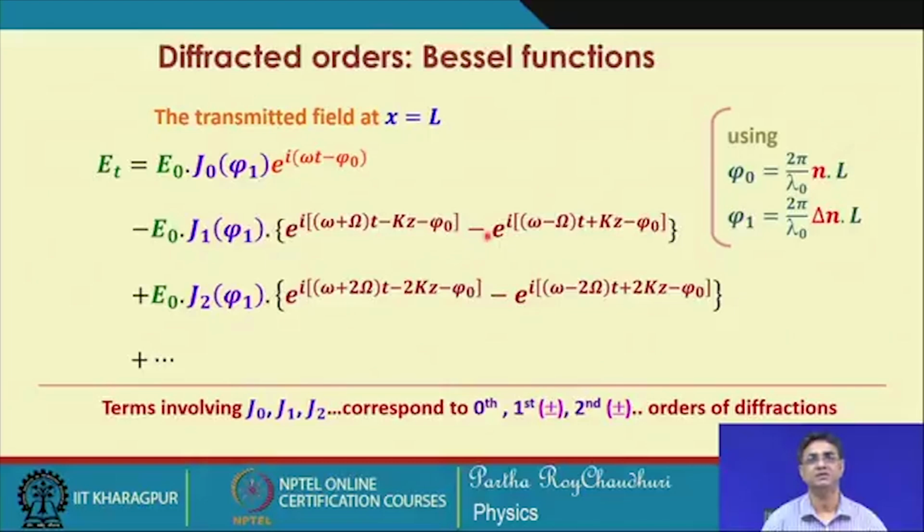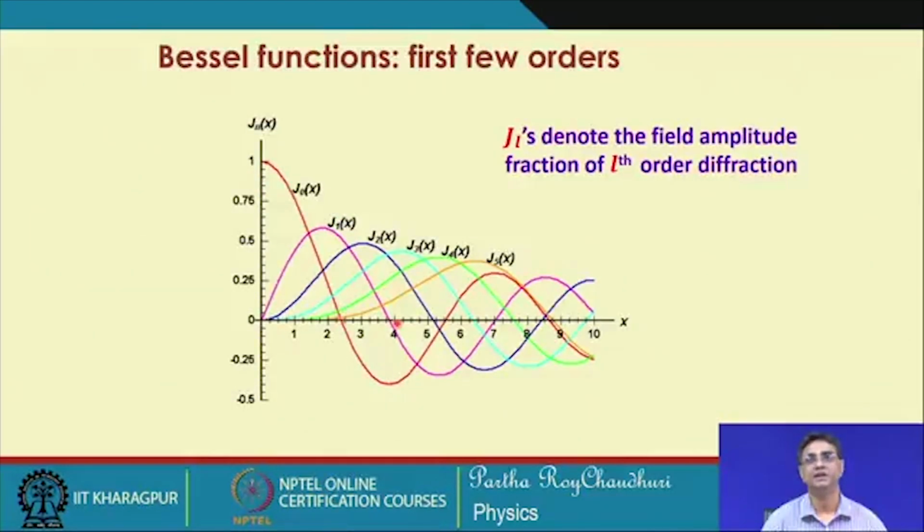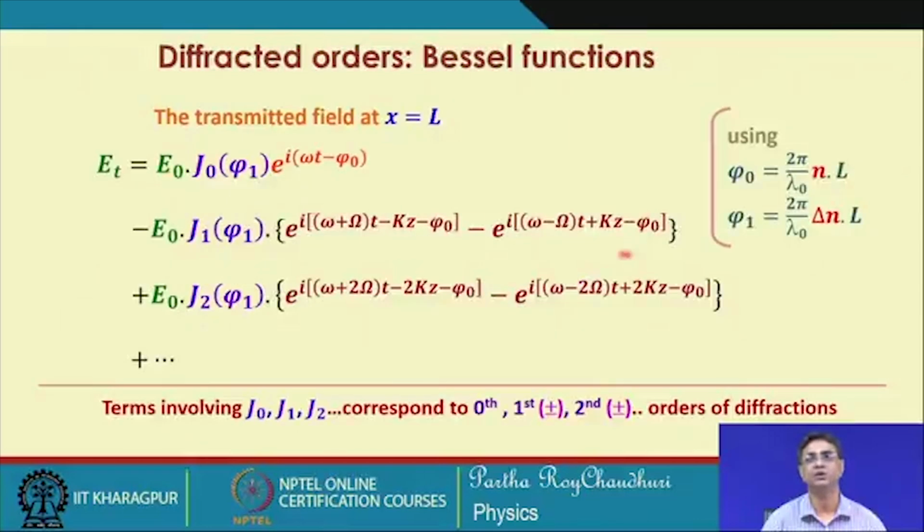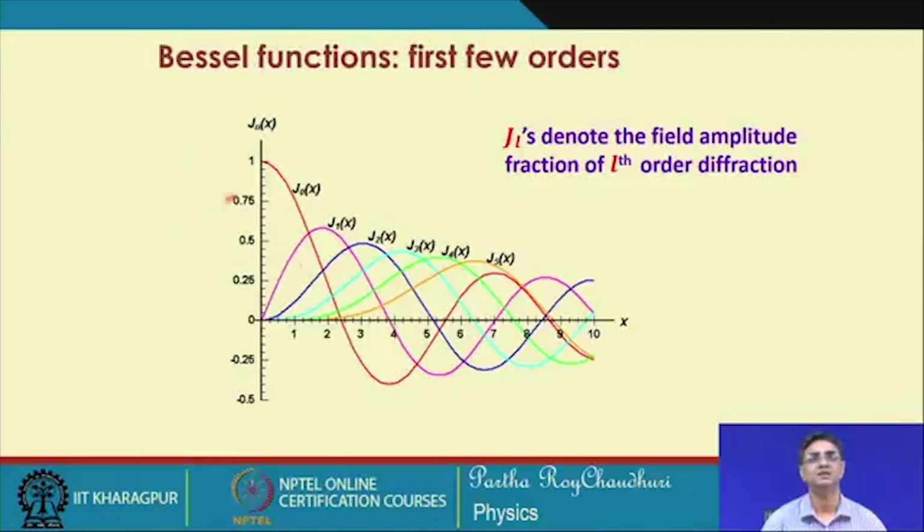So, the 0th order starts from the maximum, and as you increase x, where x is phi 1, you can see this x is phi 1 here. So, when phi 1 is 0, if there is no delta n, then only this quantity J 0 of x is present, and all the others are absent, because at phi 1 equal to 0, all the other orders of the Bessel function are equal to 0.